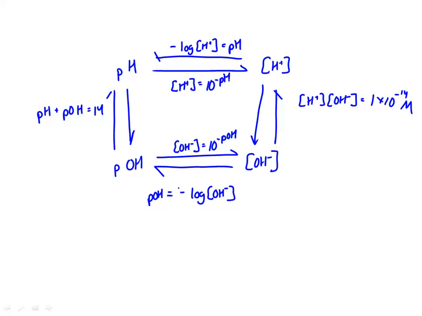The other thing you have to know is whether something's acidic, basic, or neutral. pH greater than 7 is basic, pH equal to 7 is neutral, and pH less than 7 is acidic.